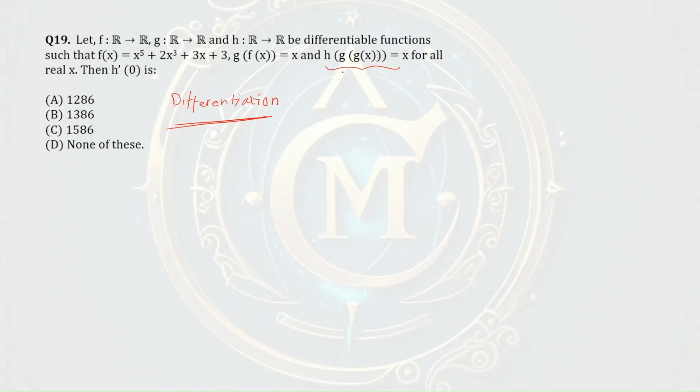So if we differentiate both sides of this relation with respect to x, from the chain rule we can write that h dash of g(x) times g dash of x is equal to 1. That means h dash of g(x) is equal to 1 by g dash of x.